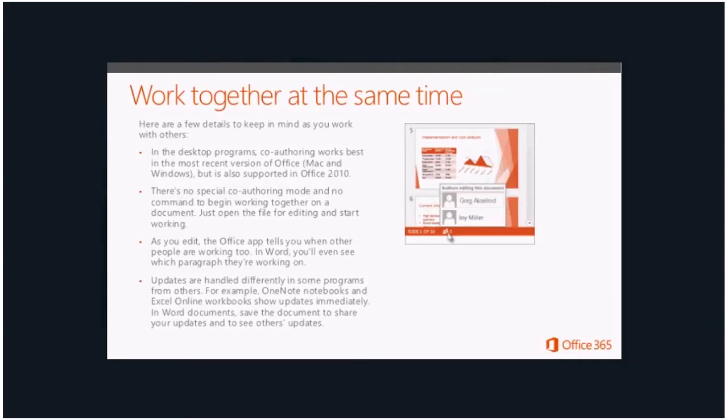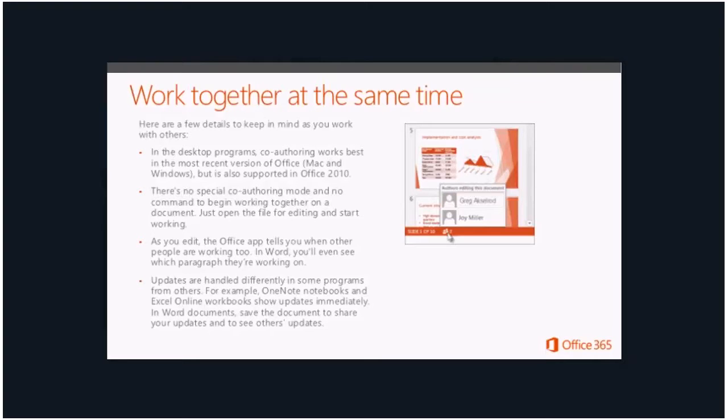When you open a document, there are no special co-authoring commands or modes. If somebody else has that document or PowerPoint or content open, it will say in the top right-hand corner that somebody else is editing the content you're working on. Updates are, again, handled differently. In some cases, you may have to refresh for updates.